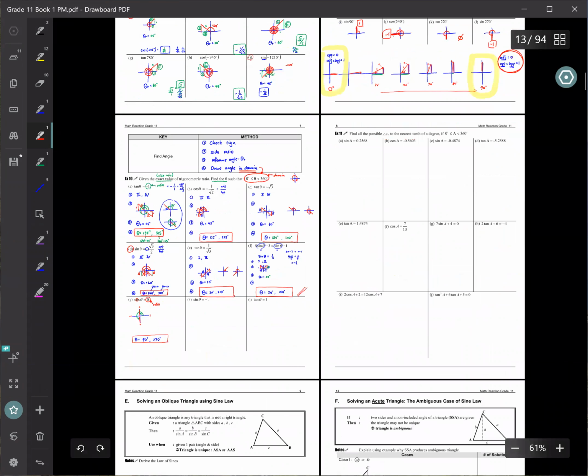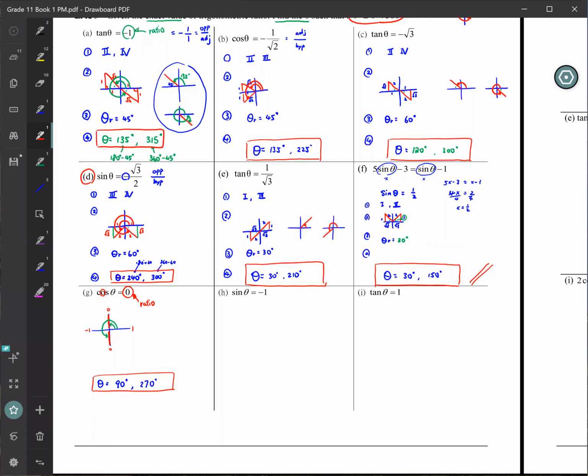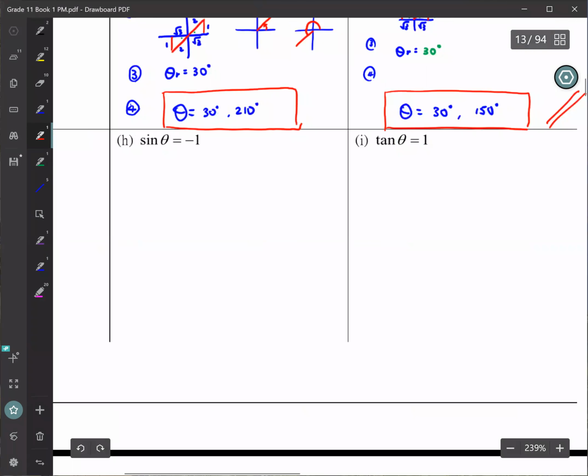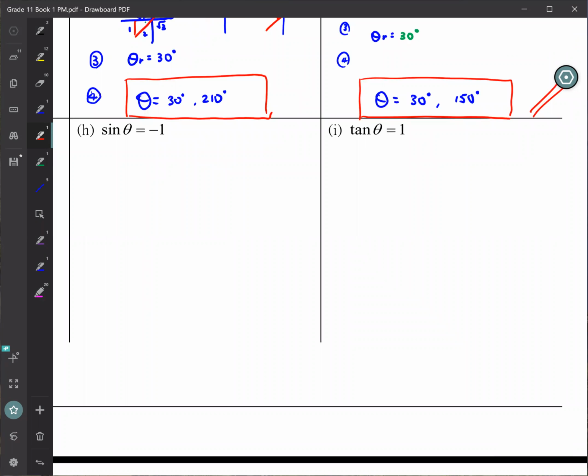So please finish H and I. When you finish H and I, you can raise your hand. Both questions, okay? H and I.